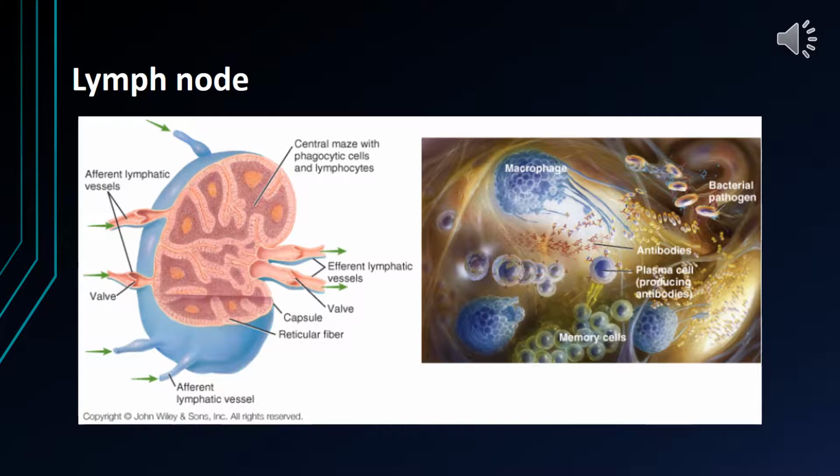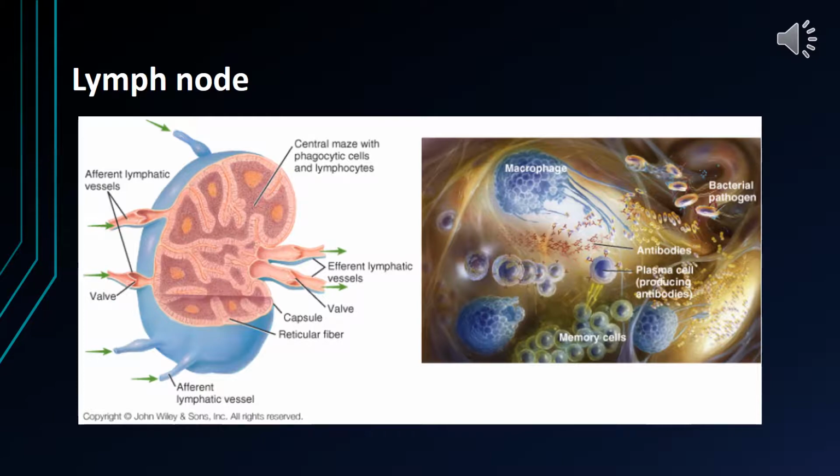So here at the right, you can see some of the cells that may be contained within the lymph node, such as a macrophage or phagocyte, a plasma cell, which is a type of immune cell responsible for producing antibodies, and then memory cells, which are a type of cell responsible for allowing us to gain immunity to infective agents that we've been infected with in the past.